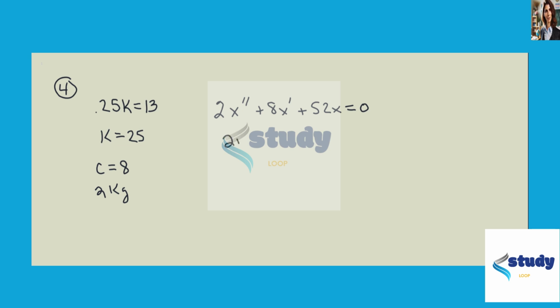We have 2r squared plus 8r plus 52 equals 0. I divide the 2 out, so I'm left with r squared plus 4r plus 26 equals 0.